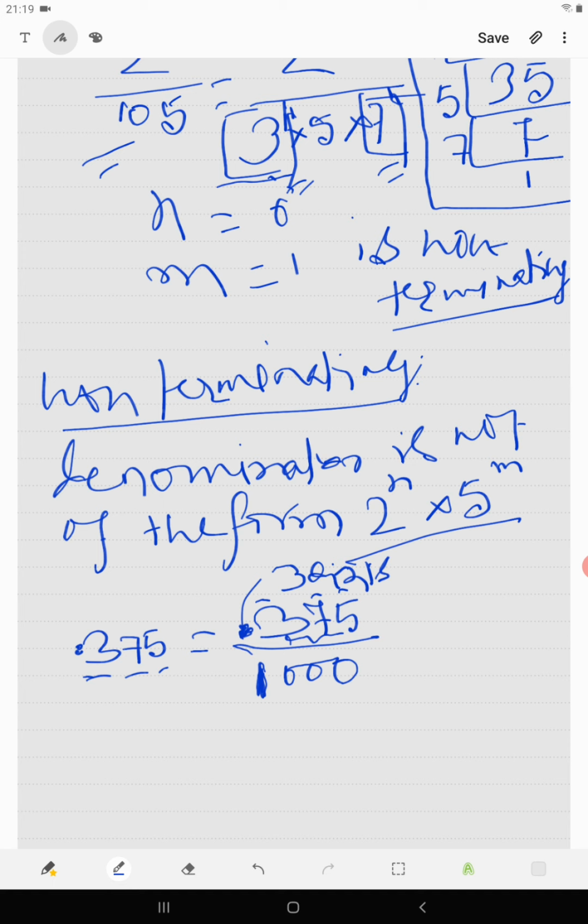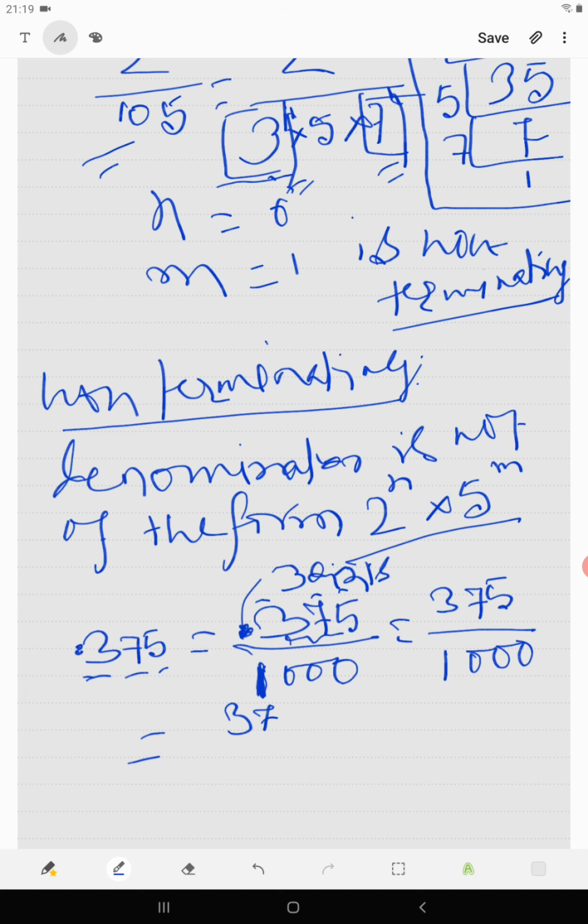What I told is, if you are removing the point, 1 will come, and then how many digits are there after the point? That many 0s will come on that 1 in the denominator. So 0.375 is equivalent to 375 by 1000.